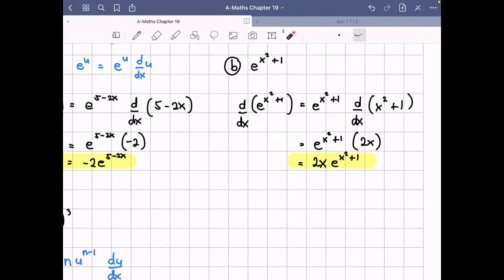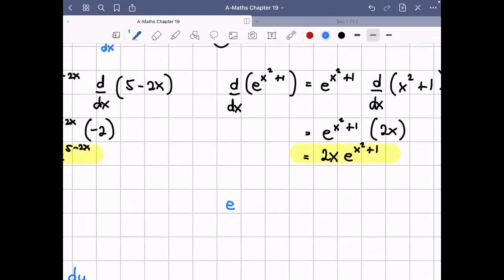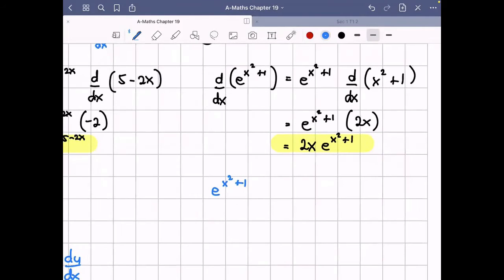Now, what is the other way of doing this? Let's have e raised to x squared plus 1. Now, this here is your u, so u is equal to x squared plus 1. Then right away, you get the derivative of u.